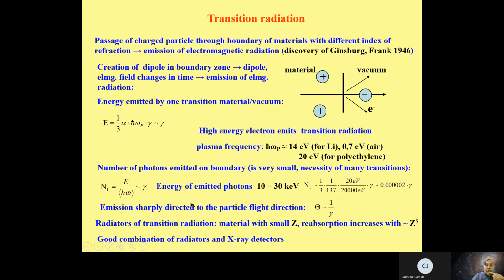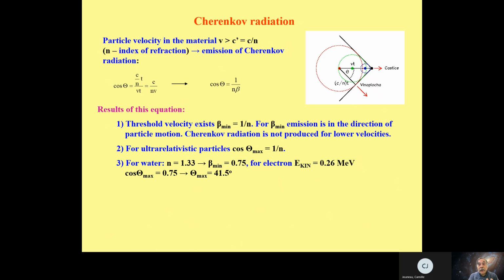Also, in this case, the transition radiation photons, as I said, are in the range of 10 to 30 keV. This is approximately the range of X-rays, that means Röntgen rays, not like Cherenkov radiation.